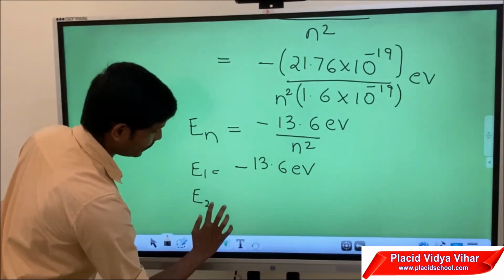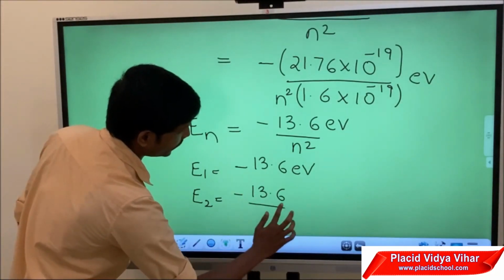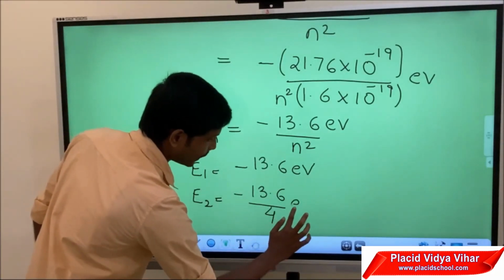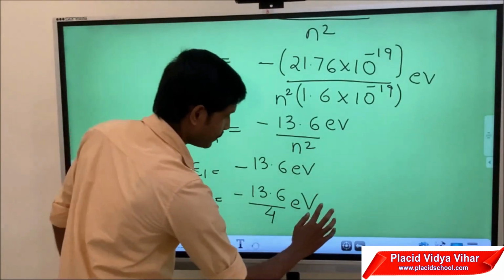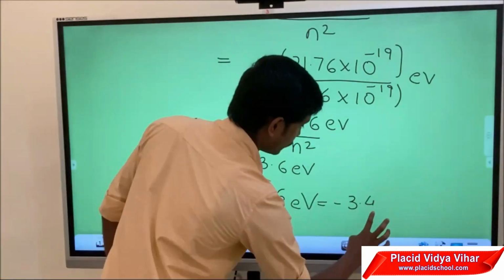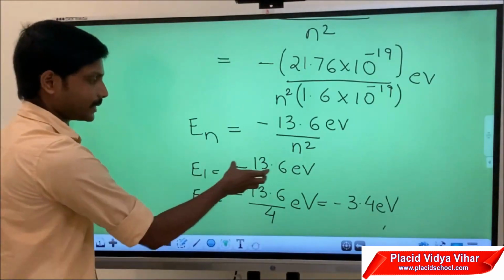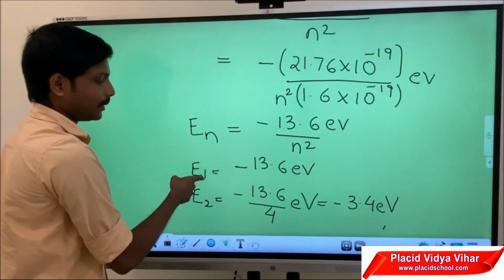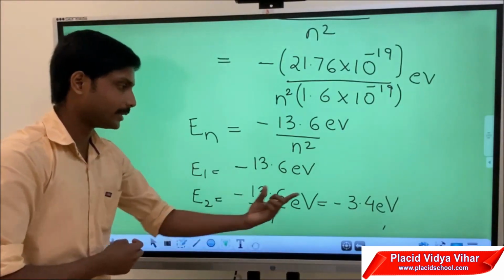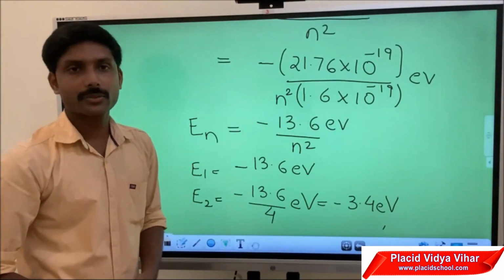E2 will be equal to minus 13.6 by 4, since n is 2, so that will be around minus 3.4 electron volts. So in the first orbit the energy is minus 13.6 electron volts, and in the second orbit the total energy is minus 3.4 electron volts.